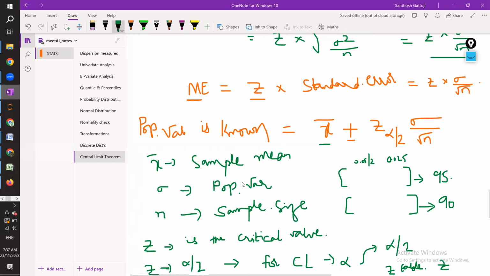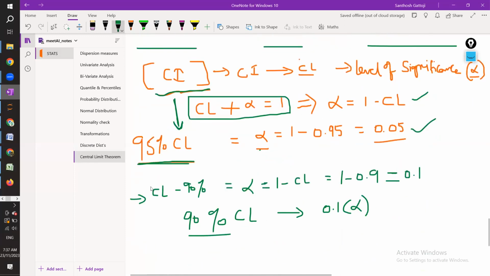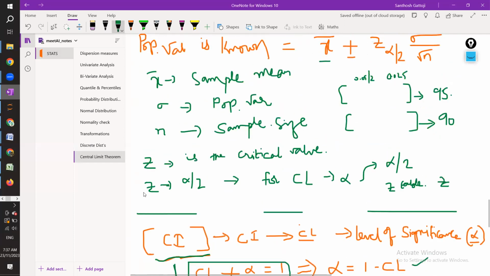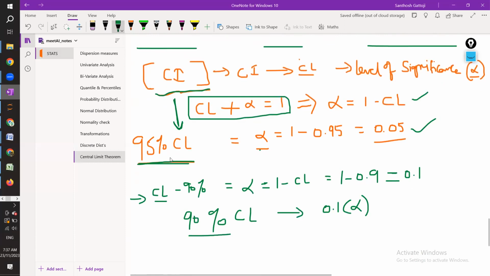As you can see clearly, changing the confidence level changes the confidence interval. Because if you change the confidence level for 95, the alpha is 0.05. For 90, the alpha is 0.1. As you change the confidence level, the alpha changes. Agree?